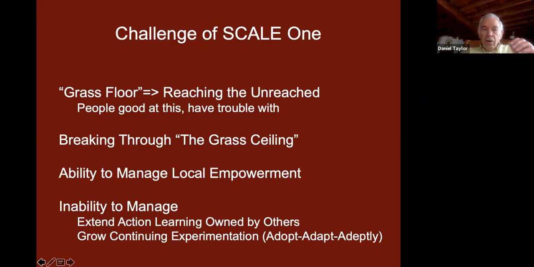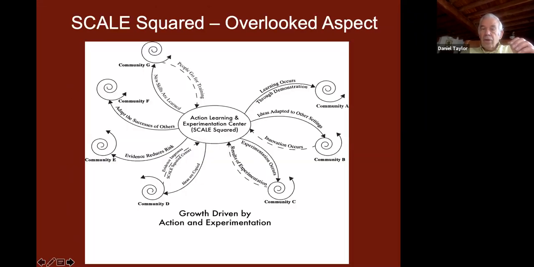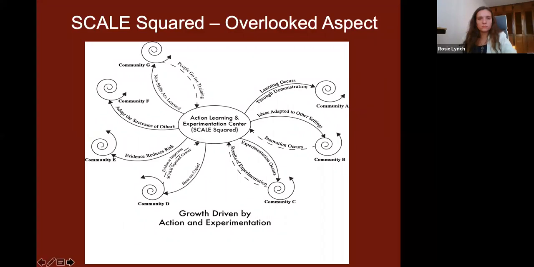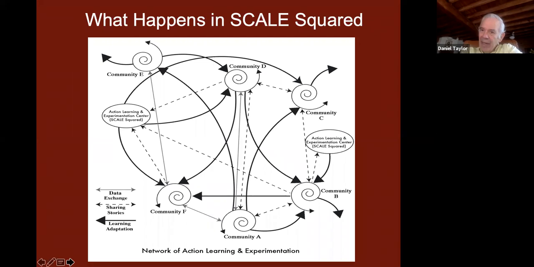from going back here in scale 1 to going through the glass ceiling into creating a scale squared center where these ideas are adapting and growing and demonstrations are happening, then what you see happening is that there's communication happening across all of these features.